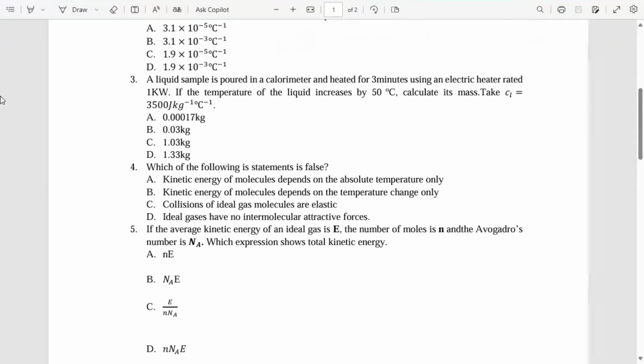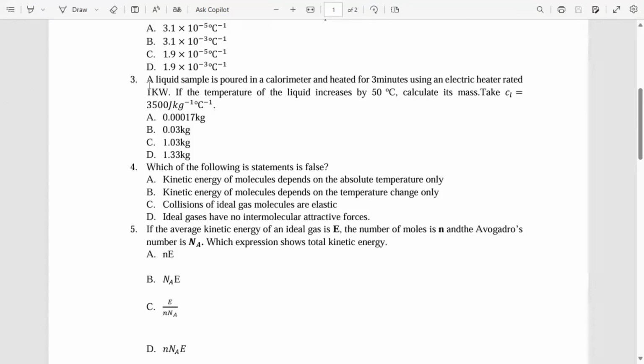Question 3 is saying a liquid sample is poured in a calorimeter and heated for 3 minutes using an electric heater rated 1 kilowatt. If the temperature of the liquid increases by 50 degrees Celsius, calculate its mass. Take the specific heat capacity as 3,500 joules per kg degree Celsius. This is also a pretty straightforward question.